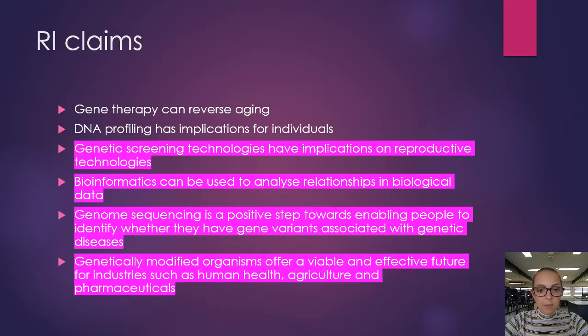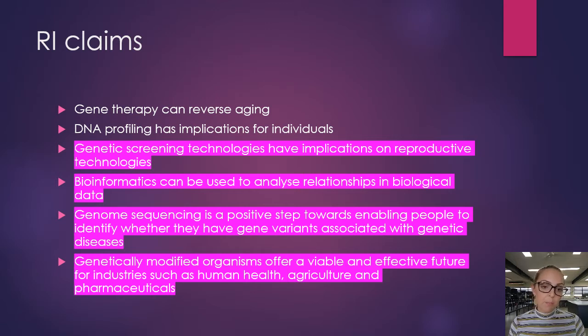These are the claims that are on your research investigation task sheet. The ones that I've highlighted are the ones that would be a bit more applicable. Because the claims are quite broad, some of the stuff that we'll talk about today, you can apply to those dot points. So things like genetic screening technologies have implications on reproductive technologies. That's a big one. Bioinformatics can be used to analyze relationships.